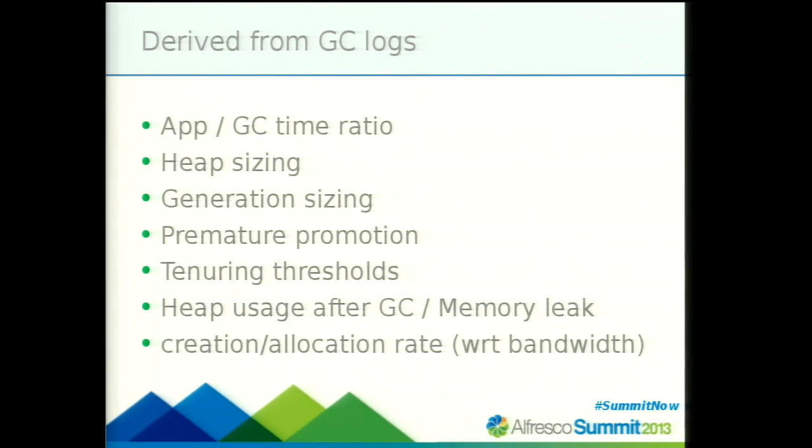Tenuring threshold is very useful for a CMS GC because it will involve several copies in the young generation before an object gets tenured. Tenuring is another term for old generation, so that could be useful to figure out too. And most useful is the heap usage after GC graph, which will tell you whether there is a memory leak or not, depending on the graph itself. We're going to see two examples of that.